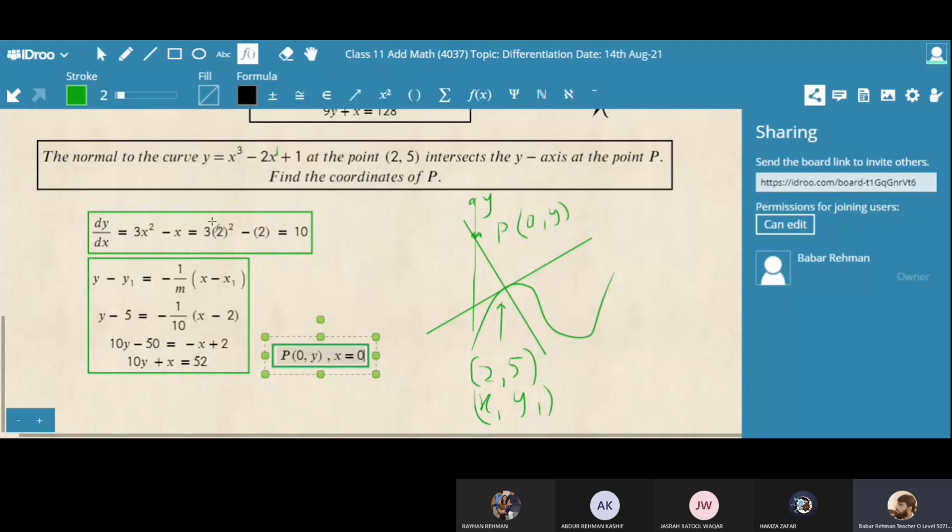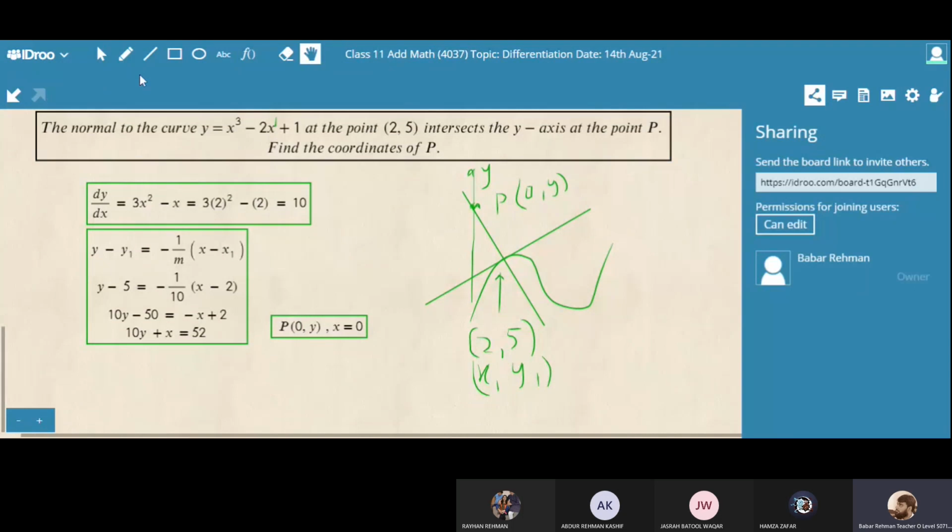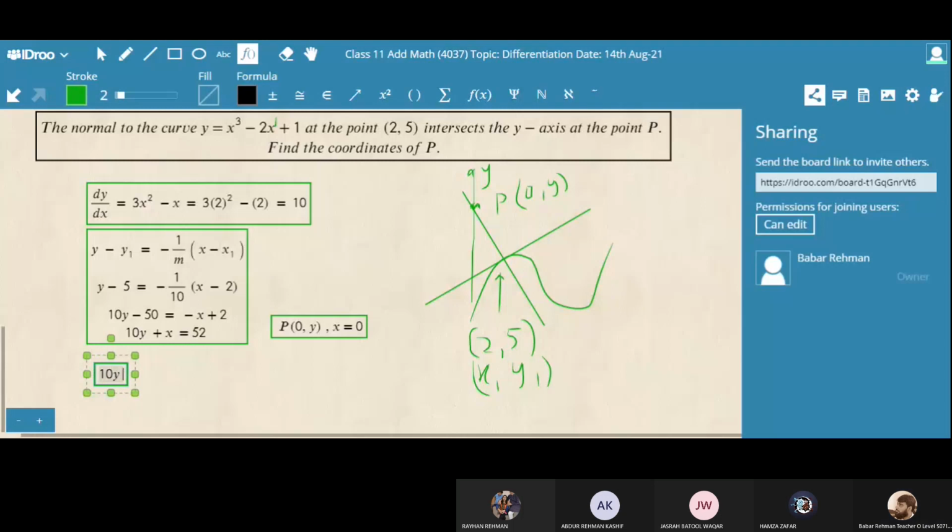In this equation, substitute x equal to 0: 10y plus 0 is equal to 52. So y is equal to 52 upon 10, which is 5.2.